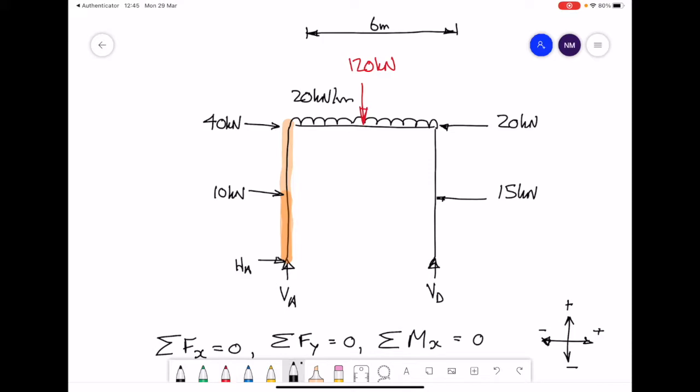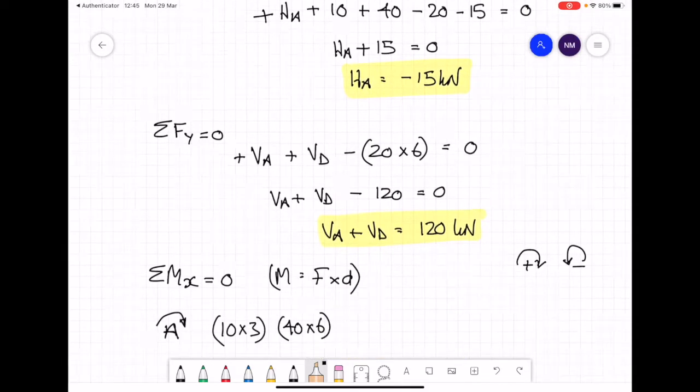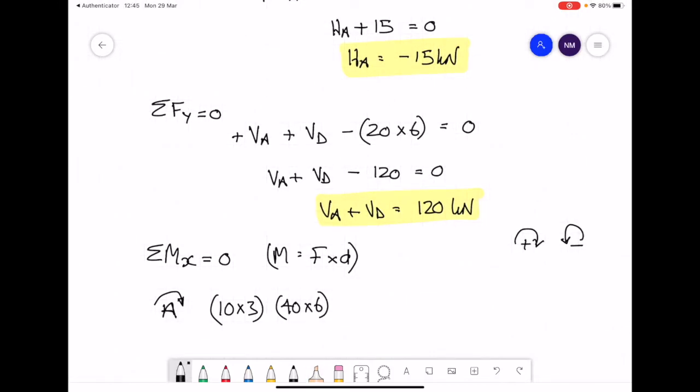So if we take our force, dot that down, what we're looking for is the perpendicular distance from A to the line of action of the force, and that would be 3 meters. The moment for the UDL will be the size of the force, which is 120, and the distance to the line of action is actually 3 meters.